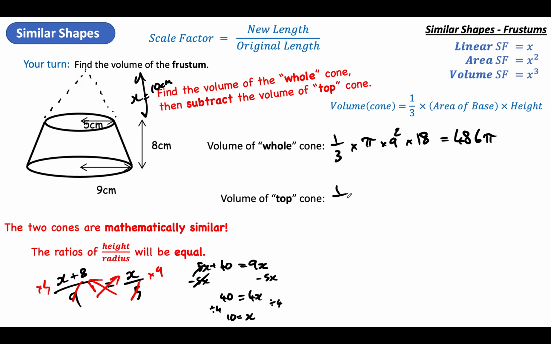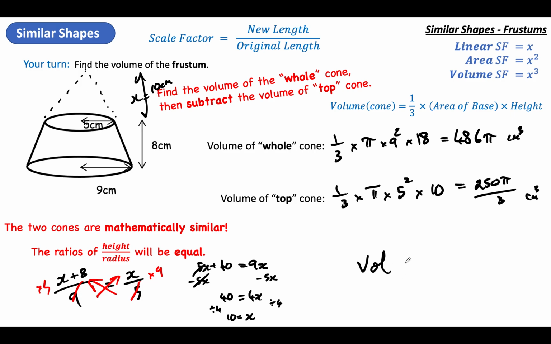Now the volume of the small one is 1/3 times pi times its radius, now that's 5, squared, times the height of the top bit, which is 10. So this is going to be 250 pi over 3, and of course both of these are centimeters cubed.